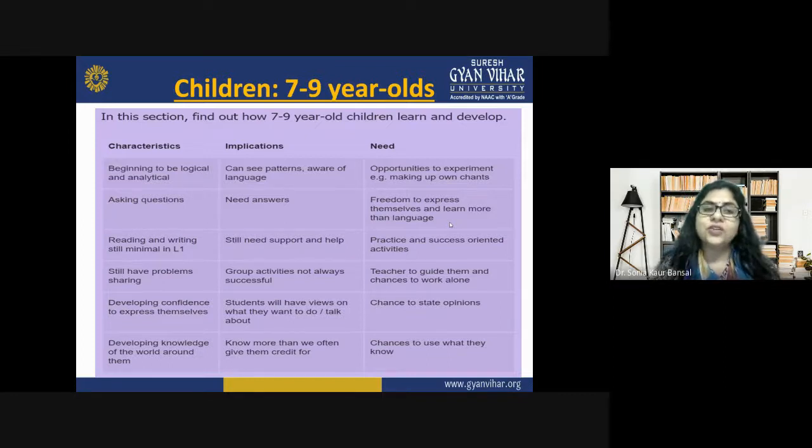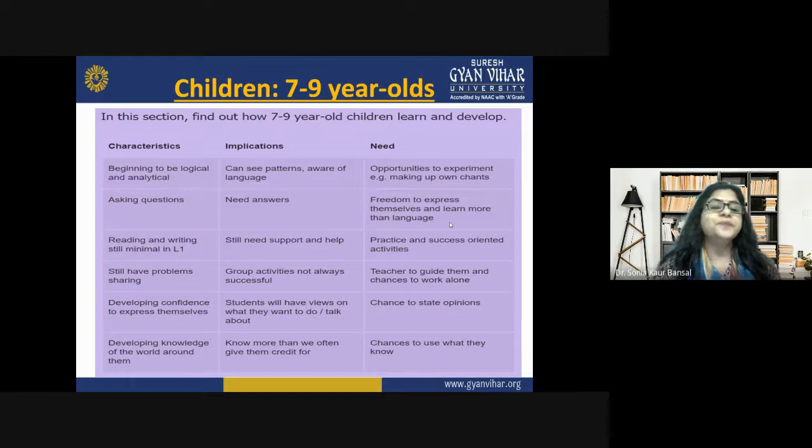That means you need to answer them. Their curiosity level is very high. So the need of this stage is that freedom to express themselves must be given, and they learn more than language. That's really important in this stage: the child must be given opportunities in the classroom, with the peer group, in games, anywhere, because the child learns a lot when given opportunities.